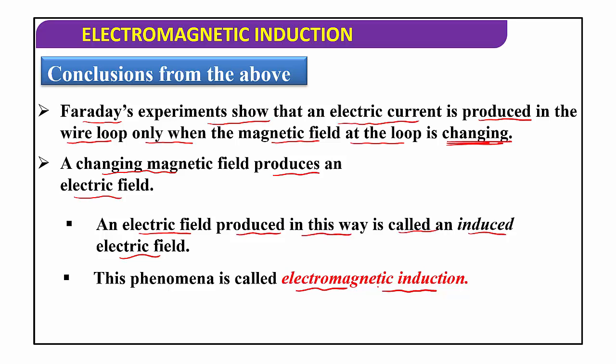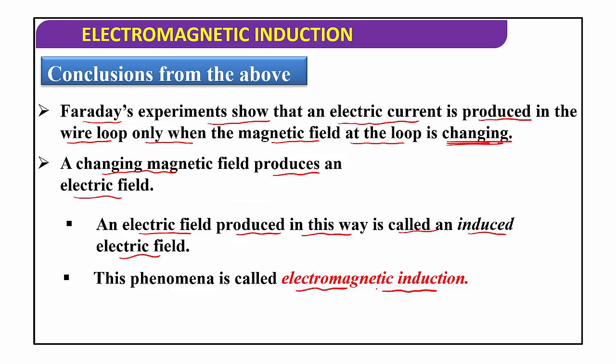Yes, how to define electromagnetic induction? The phenomenon in which electric current is generated by a changing magnetic field. Just by changing the magnetic field, we produce electric current. So we can call that phenomenon electromagnetic induction.